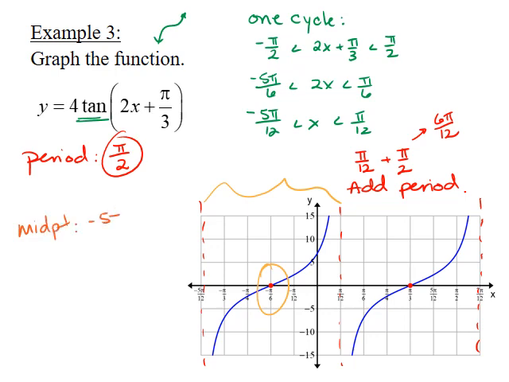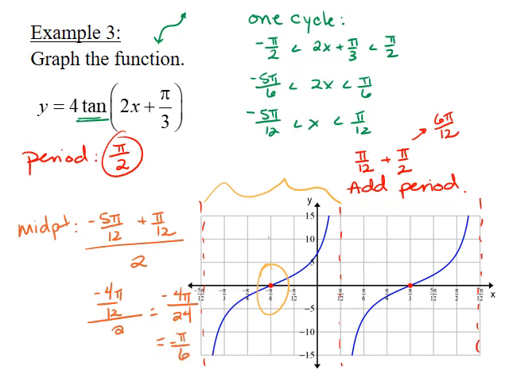I'm going to take negative 5 pi over 12 plus pi over 12 and divide by 2. So this gives me negative 4 pi over 12 divided by 2, which is negative 4 pi over 24, which is negative pi over 6. So that's where the middle point will be. And then tangent, remember, increases from left to right.